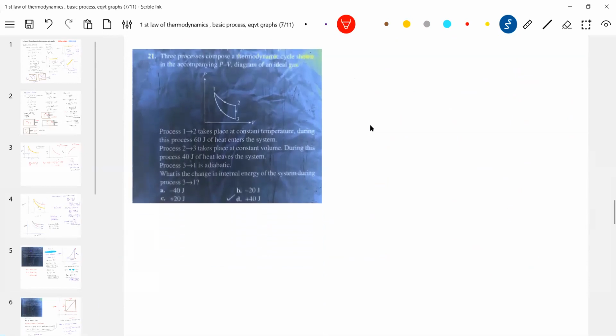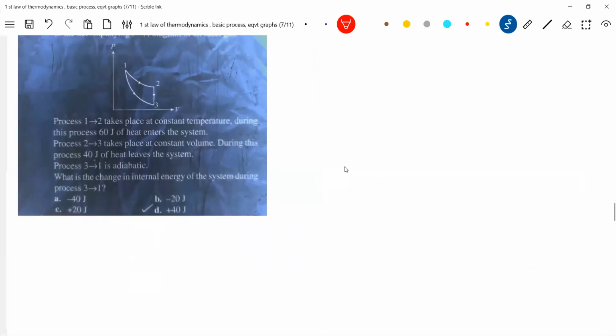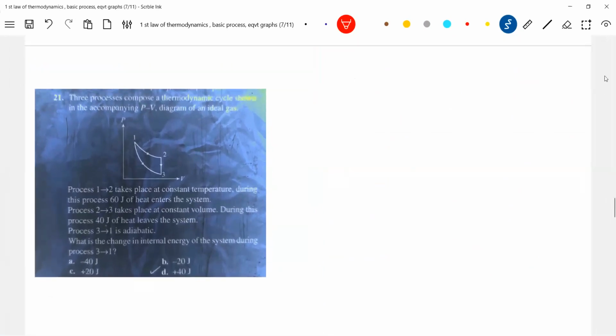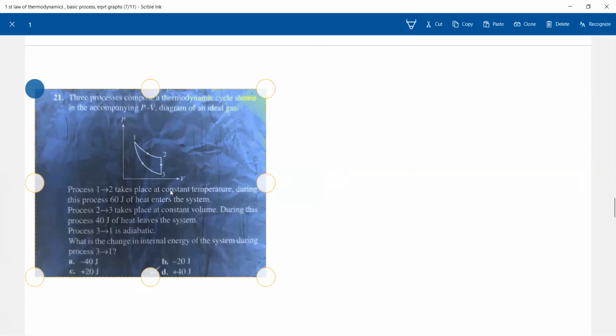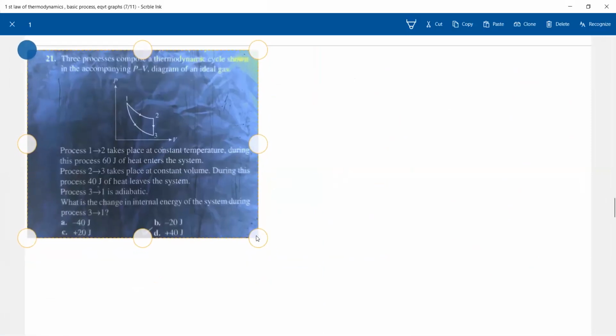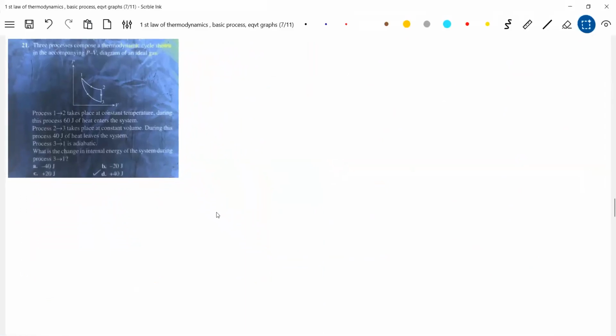Okay, let's have one more. Read the question. During process 3-1, what is the change in internal energy?